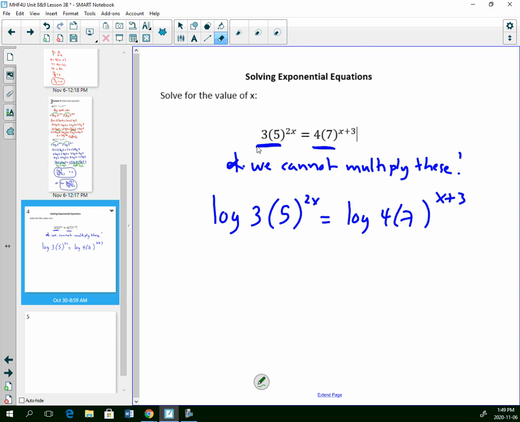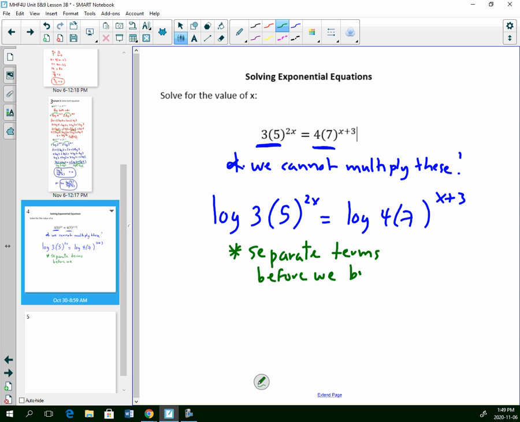So in order to make sure that applies, we're going to separate terms before we bring down the power. If you bring down the power now, then you're applying that power to both terms. Right, so you want to wait. We're going to separate.